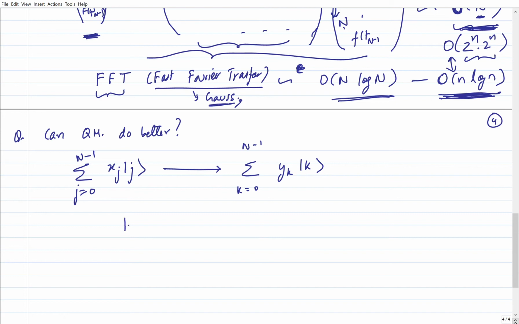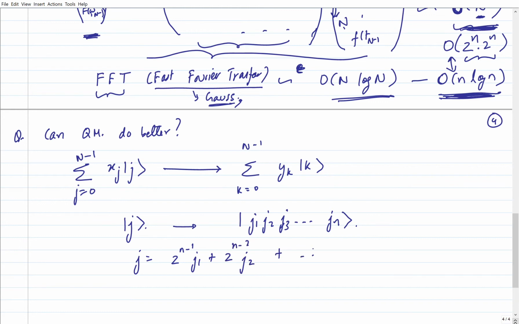Let me express this vector j in a binary basis, which is going to be j1, j2, j3, jn. This is just going to make our task easier.